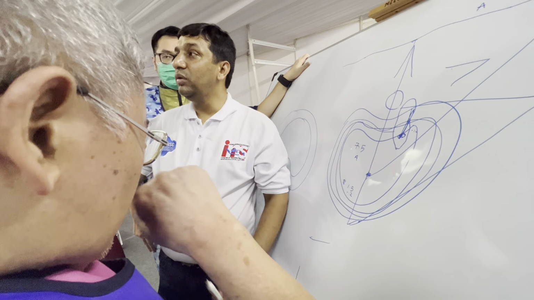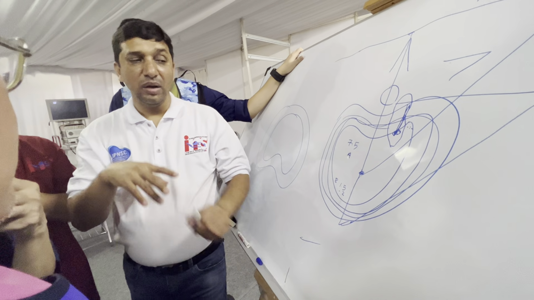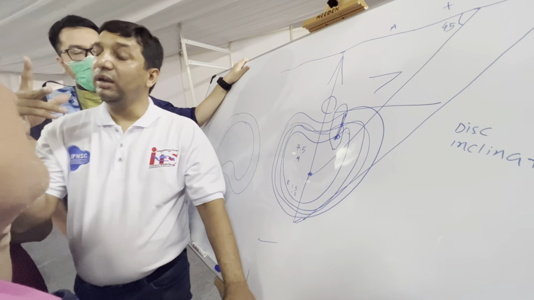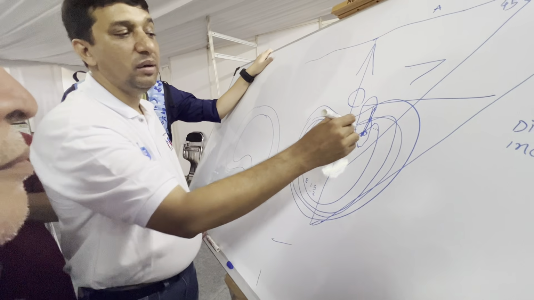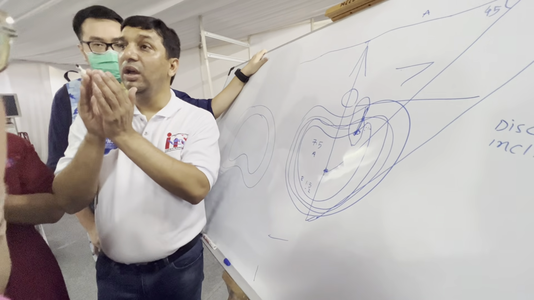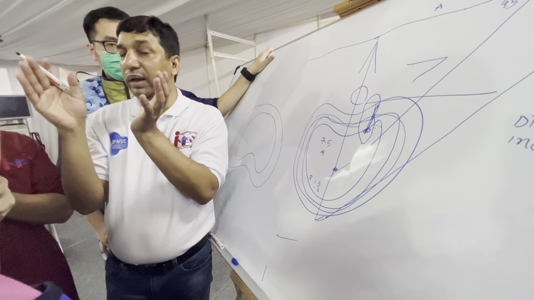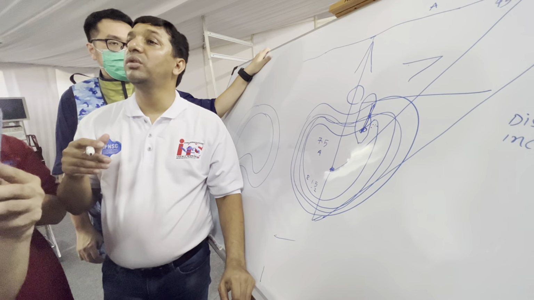So what exactly do we do in transforaminal endoscopy? We go inside the disc, we visualize the annulus, and we cut the annulus to make the opening bigger. So actually we are widening the neck of the herniation, and the herniation becomes free. Then you can hold any part of the herniation and the whole herniation will come out.